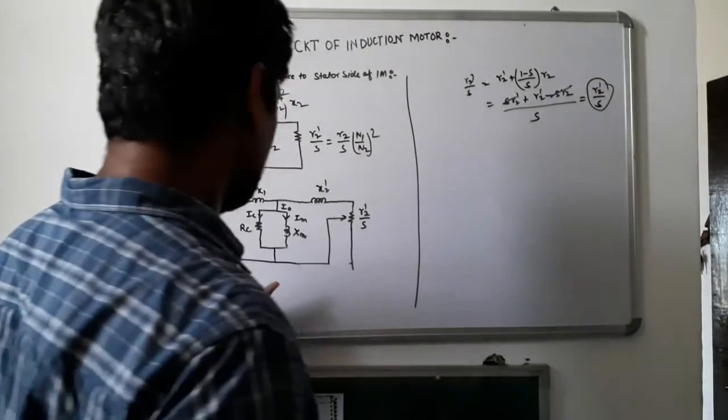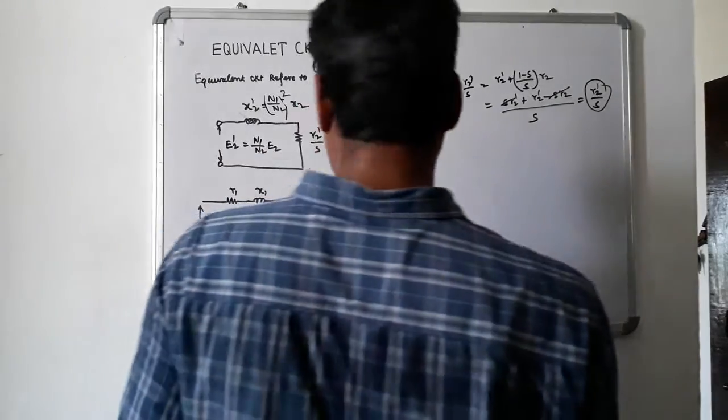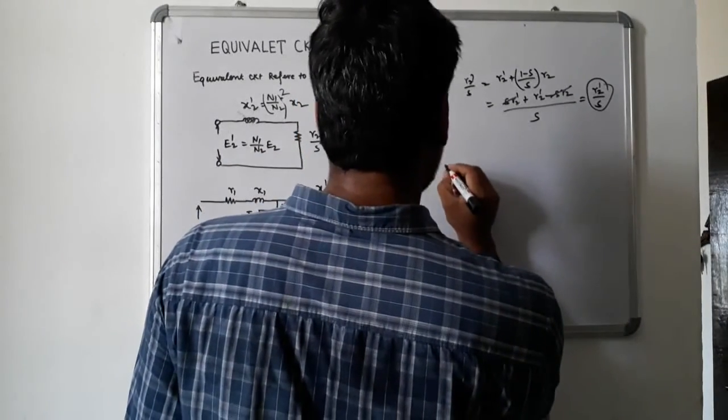Then this equivalent circuit is converted into this. This is V1.